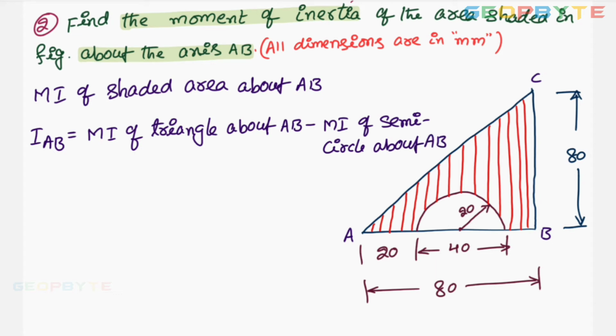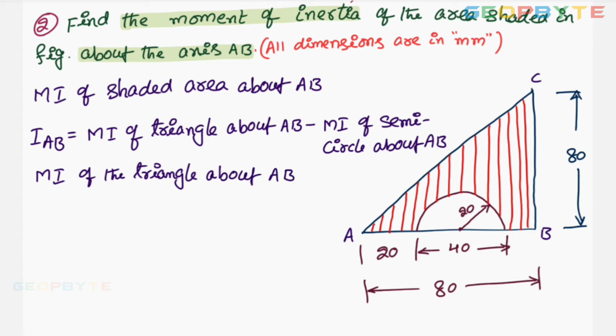Now, first let us find the moment of inertia of the triangle about AB.